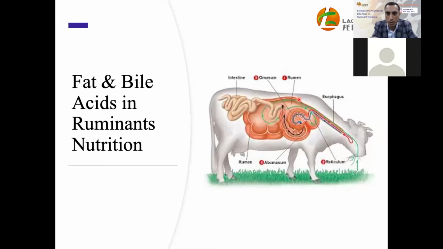In the second compartment, the reticulum, this acts like a canal connecting the rumen to the omasum, where the major function is to dry the feed and absorb water, and then pass it to the last one, the abomasum.